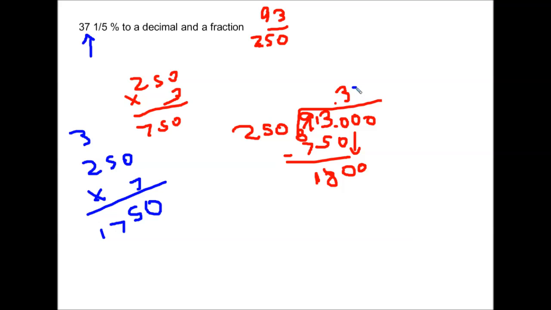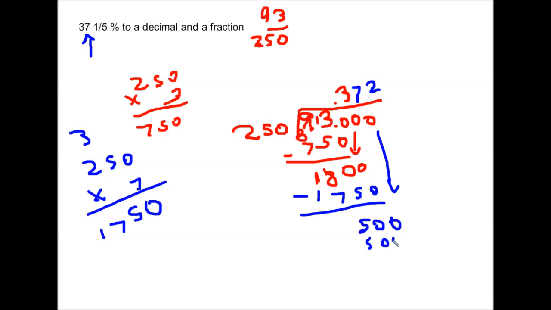Yep, that's how many times it goes in. 7 times 250 is 1,750. If I subtract that, I get 50. And I bring down the 0. 250 goes into 500 2 times, and exactly. So my decimal is 0.372.